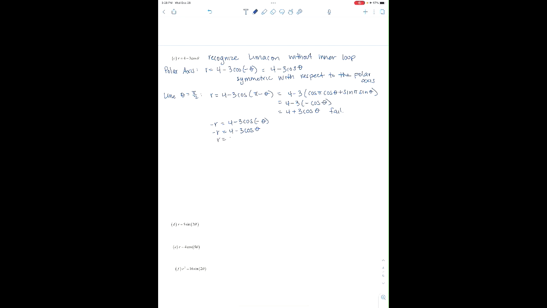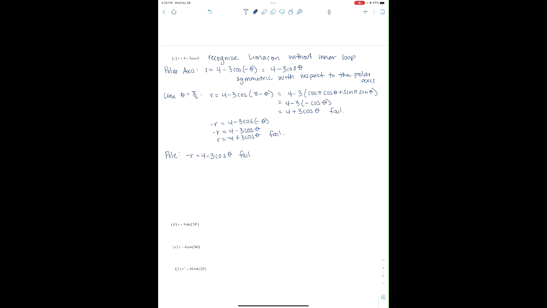So r would be negative 4 plus 3 cosine theta, which is still a fail. And the last thing we want to check is the pole. So we have negative r equals 4 minus 3 cosine theta, and we already checked that, so that's a fail. So it might not be symmetric to the line theta equals pi over 2.